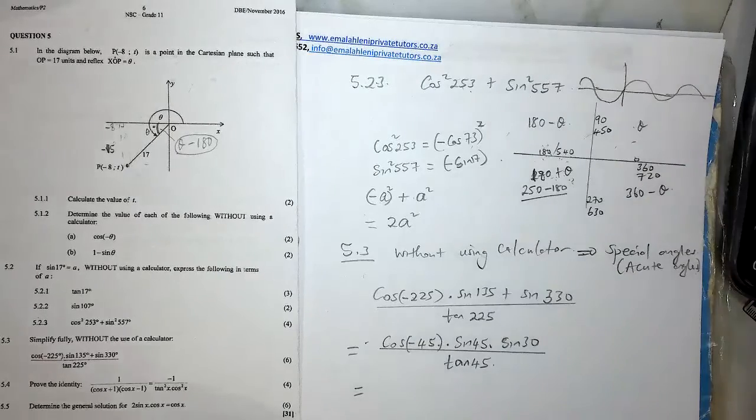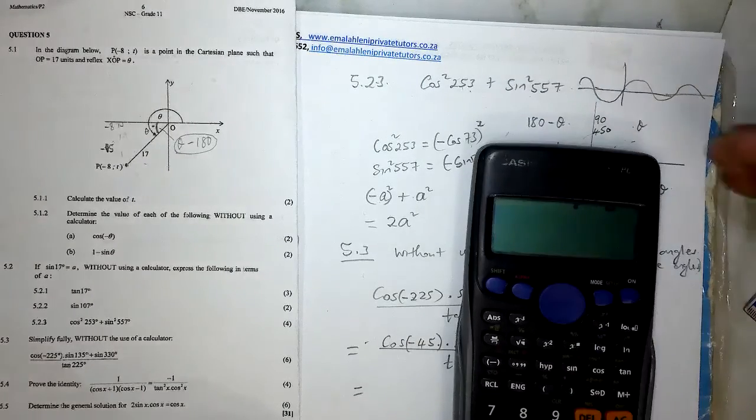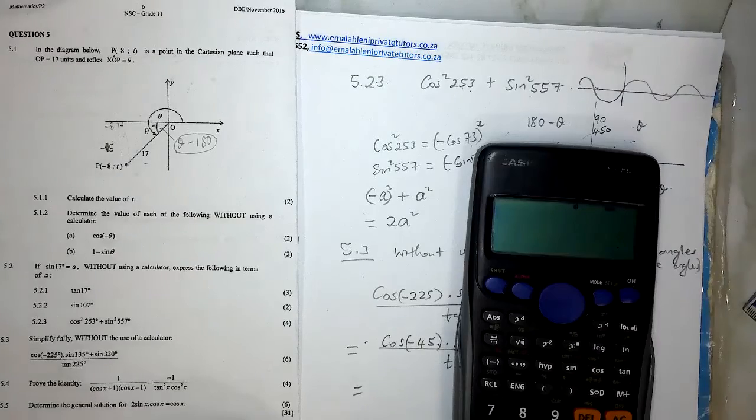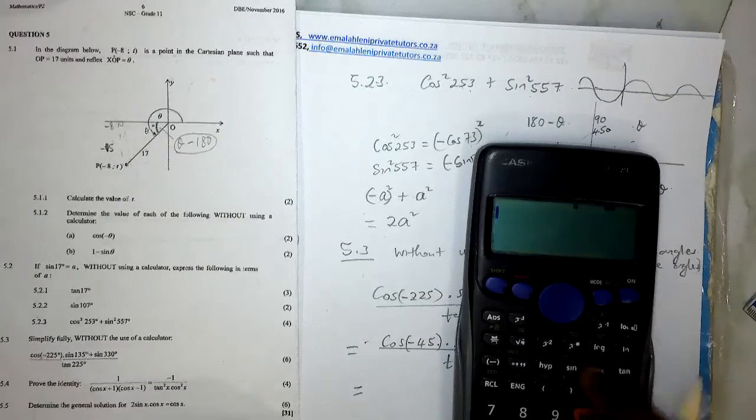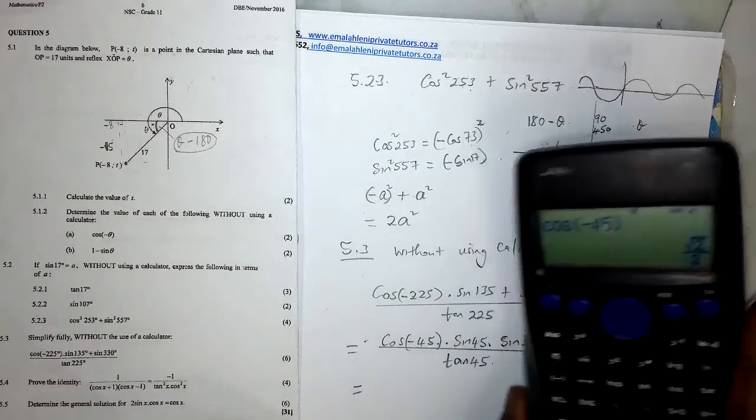You know that cos negative 45. Now, remember, when we say don't use a calculator, you can remember these values. If you punch cos negative 45, it doesn't give you a decimal.